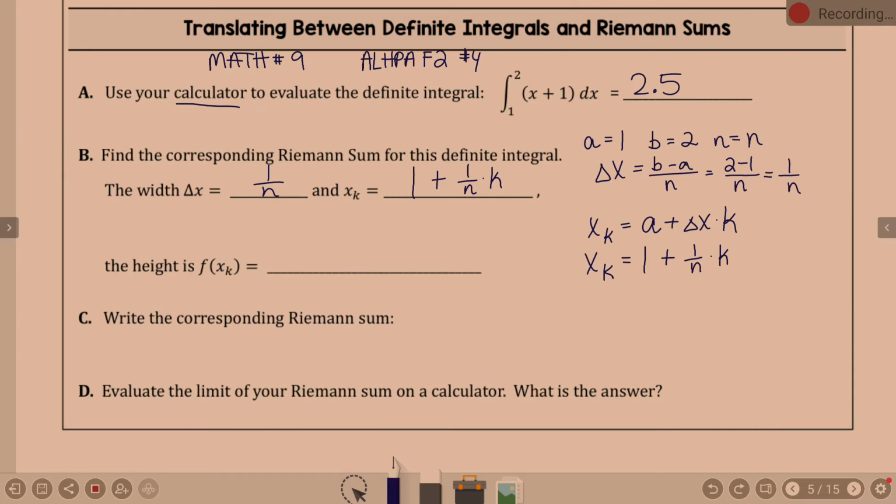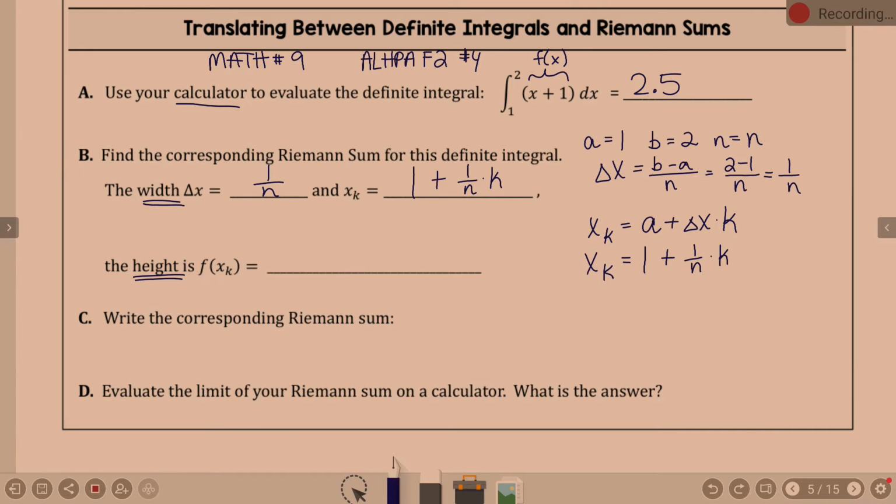So we have width here with delta x. Height is f of x sub k. Well, what is f of x? x plus 1. Yeah. f of x is your function provided in the integral.